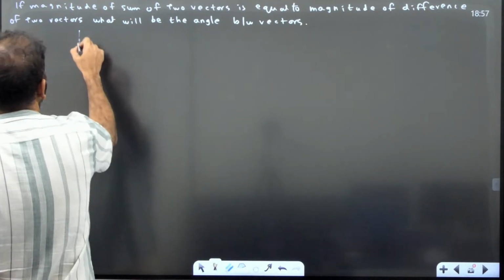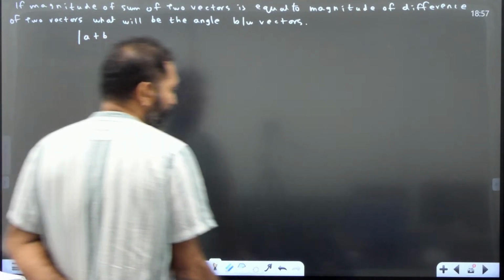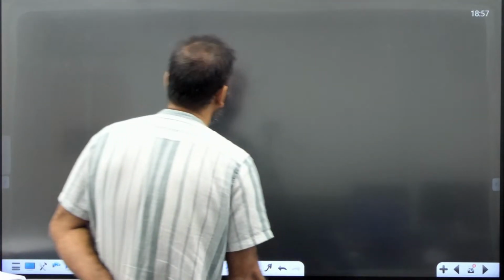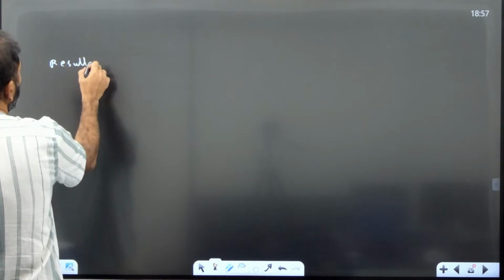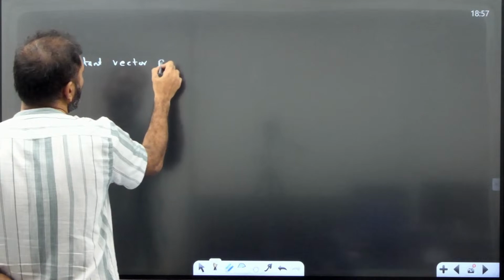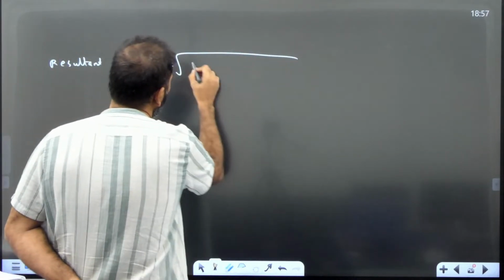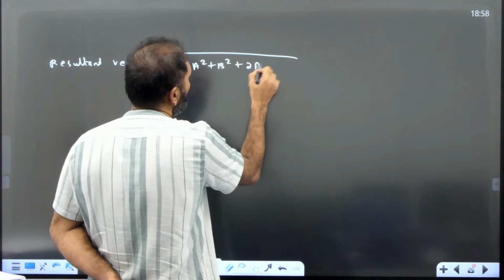So what is the magnitude of A plus B? Now before that, what is the resultant vector equation? R is equal to root of A square plus B square plus 2AB cos theta.